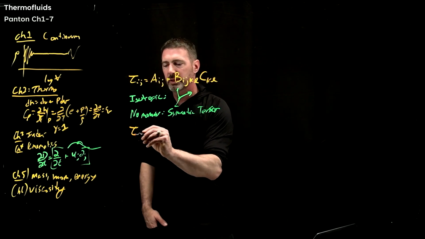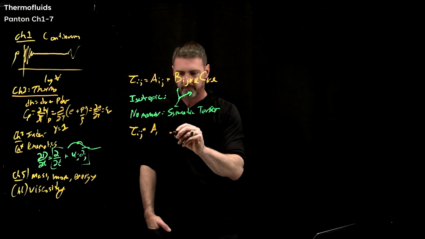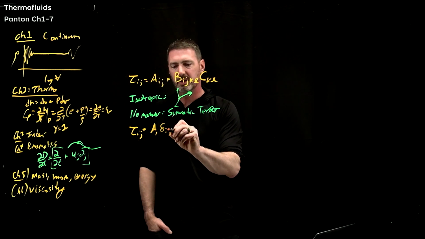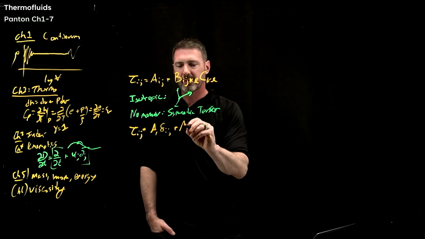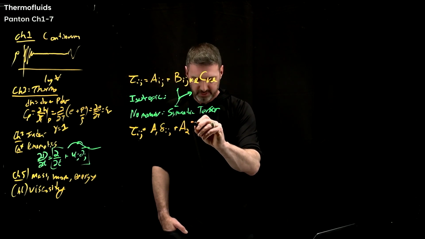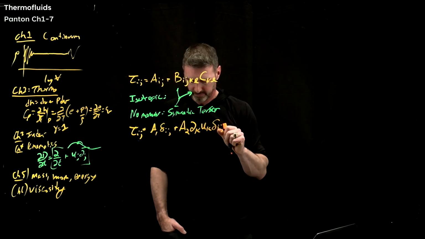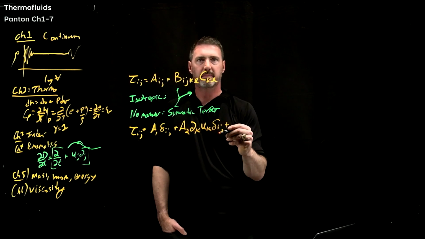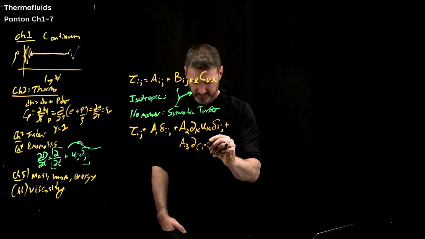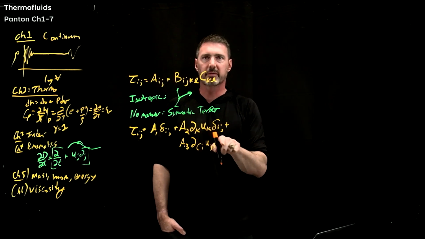Then you are left with tau ij is equal to some coefficient a1 times delta ij, that's just your identity matrix, plus some other coefficient a2, which is then related to the divergence of the velocity field, del k uk, times delta ij, and then some a3, and I'll write it down here, a3, and then this is the symmetric derivative, which we've already talked about, in some notations, symmetric versus antisymmetric.